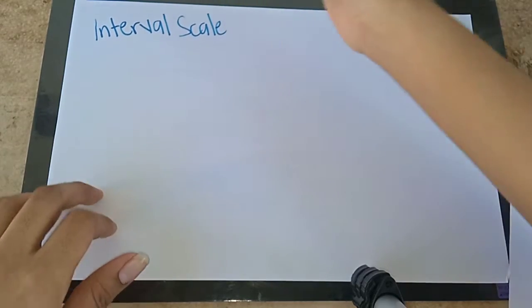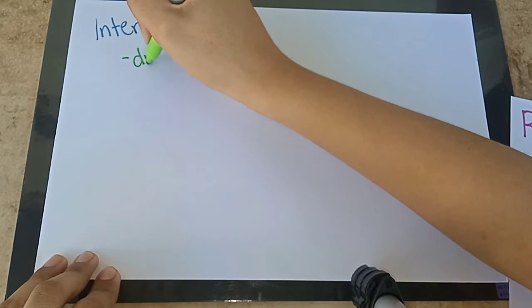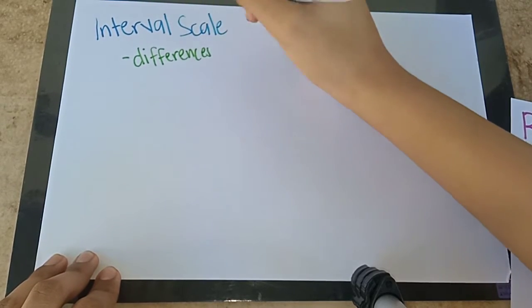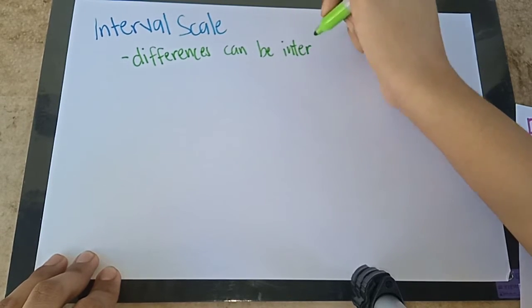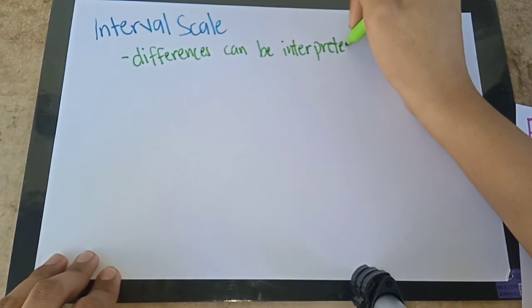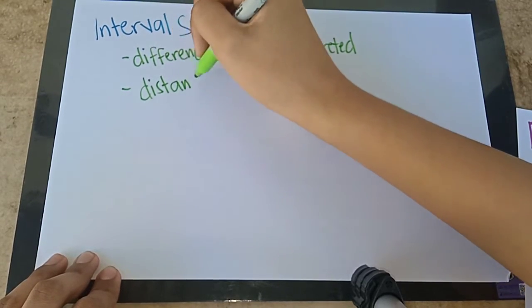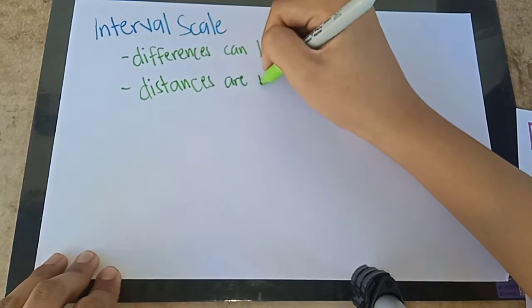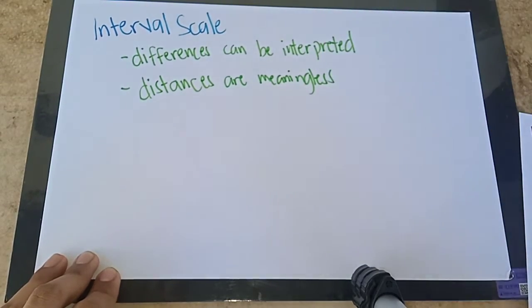We said earlier that the interval scale can measure, or let's say we can interpret, the differences. Differences can be interpreted. However, the distances are meaningless. Let us have first the clarification on this one.